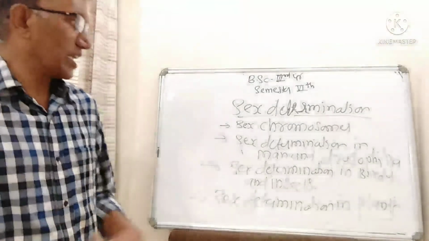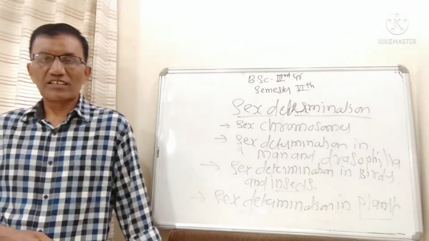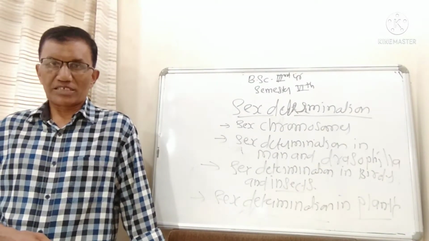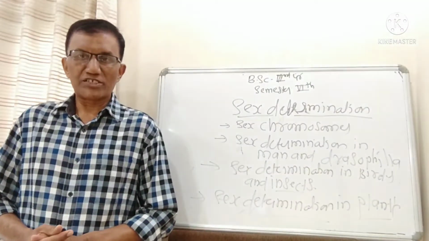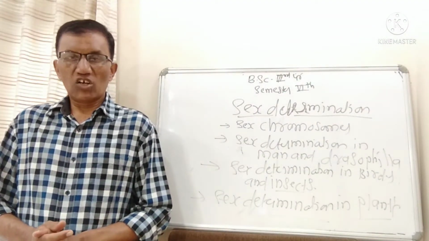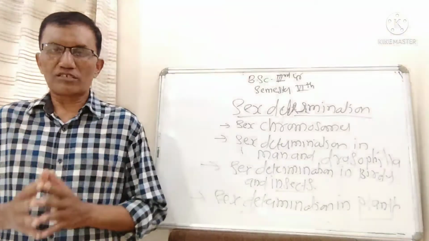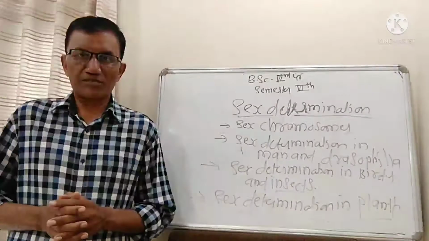Now, one more theory was proposed by the scientist Bridges, that is known as the genic balance theory of sex determination. According to this theory, along with the sex chromosomes, the autosomes also play a very important role in the determination of the sex of that particular individual.